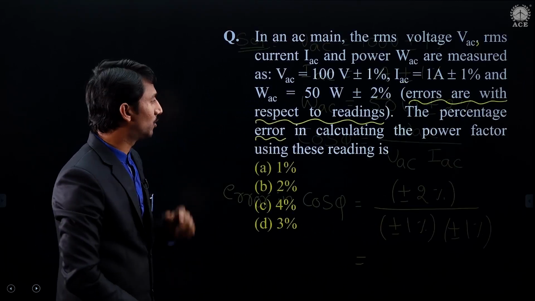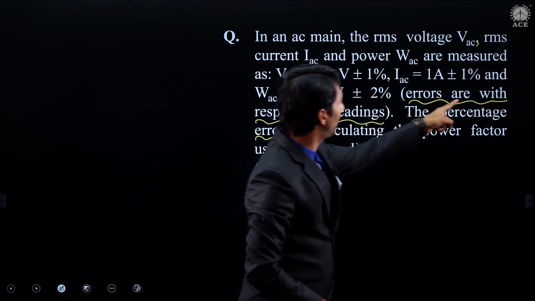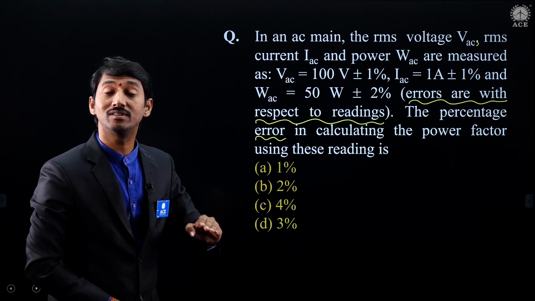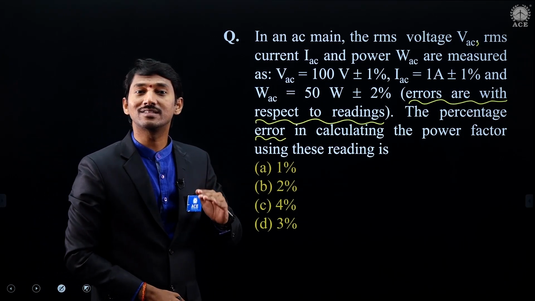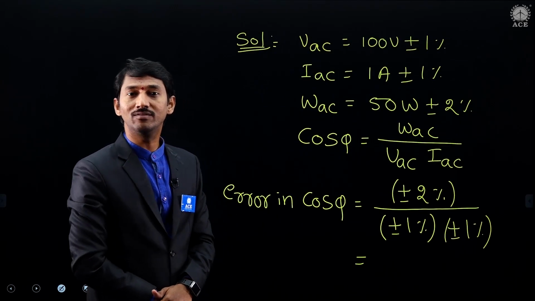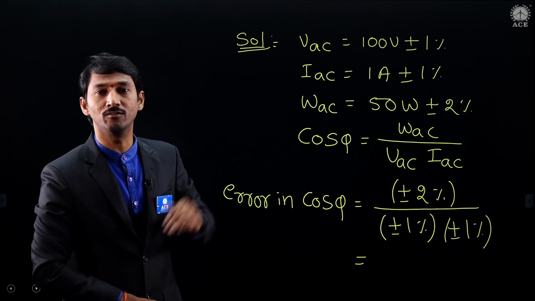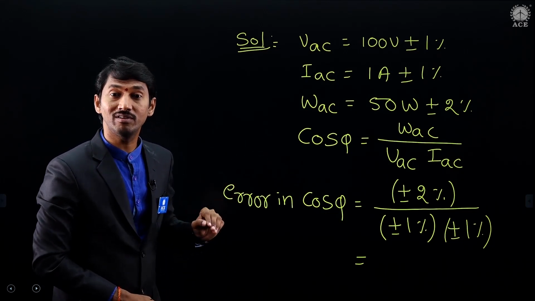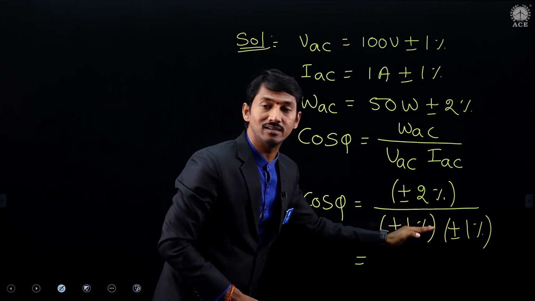Why? As I told you, the errors are with respect to readings. So when the errors are with respect to readings, they are in percentage limiting form. If the errors are given in percentage limiting form, we need to add the errors directly for multiplication and division.